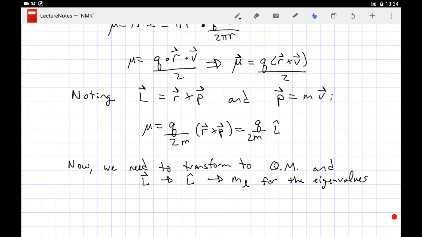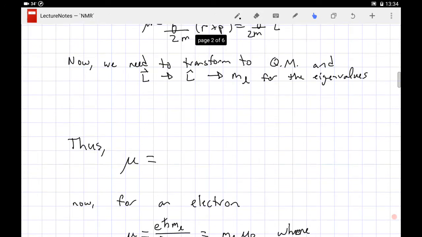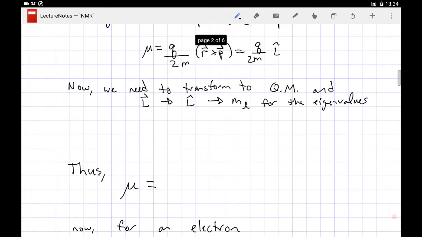Cool. Well, we're talking a quantum mechanical picture, not a classical picture, so we need to go to the angular momentum operator, and if we look at that in one dimension, the eigenvalues for that are going to be m sub L or m sub I. But in this case, we're just looking at some arbitrary charged particle, so we're going to leave it in terms of L for the quantum numbers.